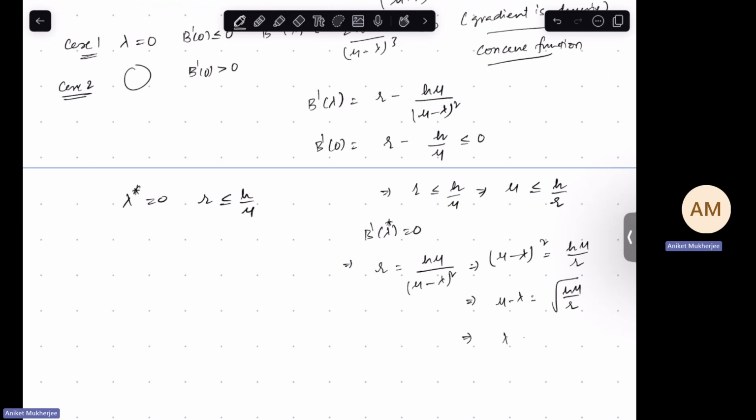And now since you're finding lambda, lambda equals mu minus root of h mu by r. This is basically lambda star. All these lambdas are lambda star. So lambda star equals mu minus root of h mu by r if r is greater than h by mu.